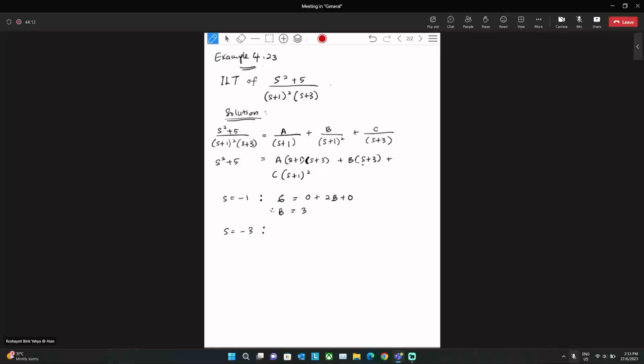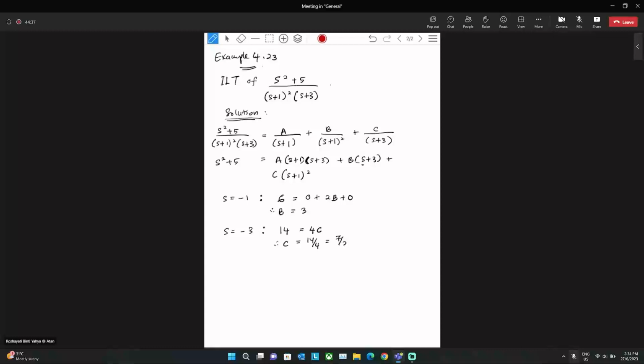So 9 plus 5, 14, equals 0, 0, plus c times s plus 1 squared, minus 3 plus 1 is minus 2, squared is 4. So c equals 14 over 4 equals 7 over 2.